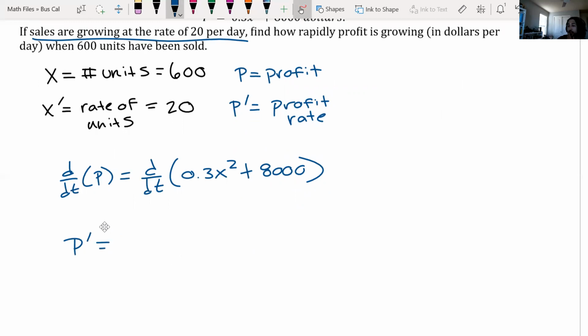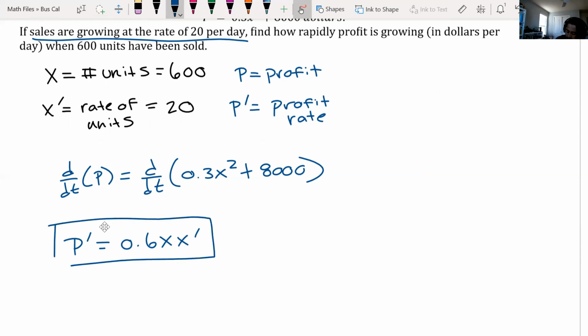And now the implicit derivative of 0.3x squared, that 2 will come down and multiply the 0.3, which means you'll have 0.6x x prime. And the implicit derivative of 8,000 is still 0. So here's our implicit derivative. Okay. Now, all we have to do is plug in x and x prime.